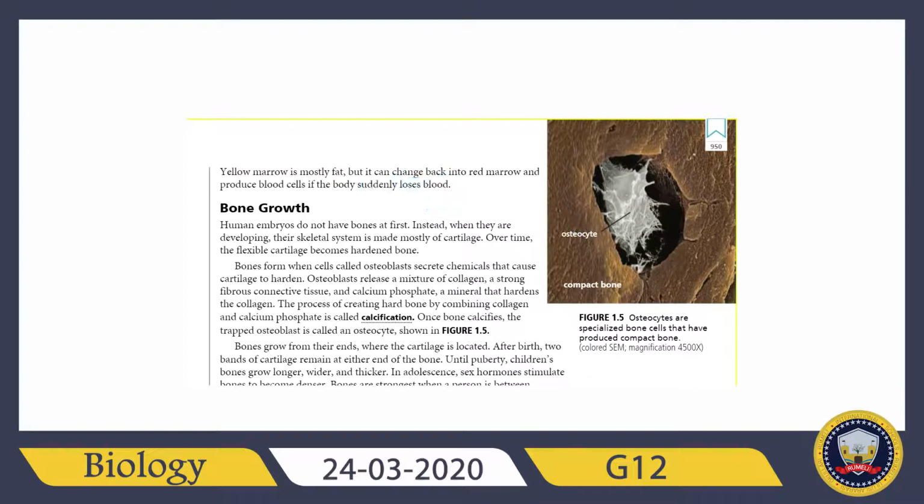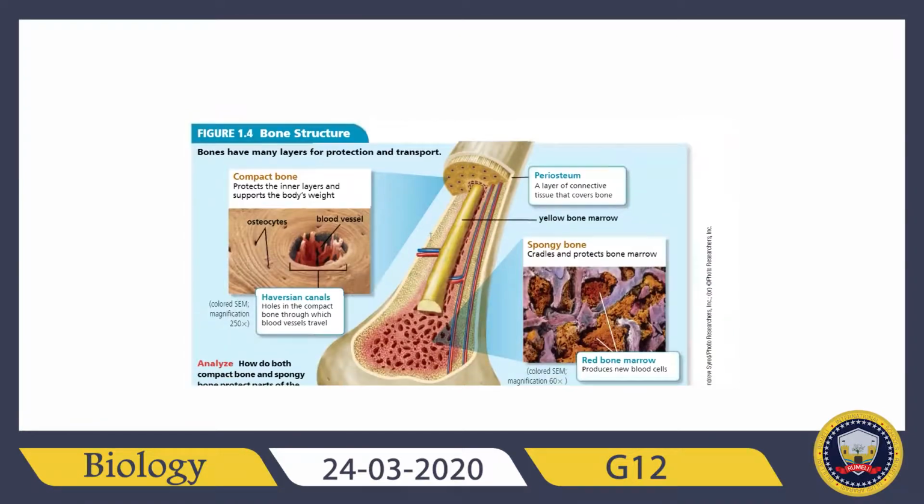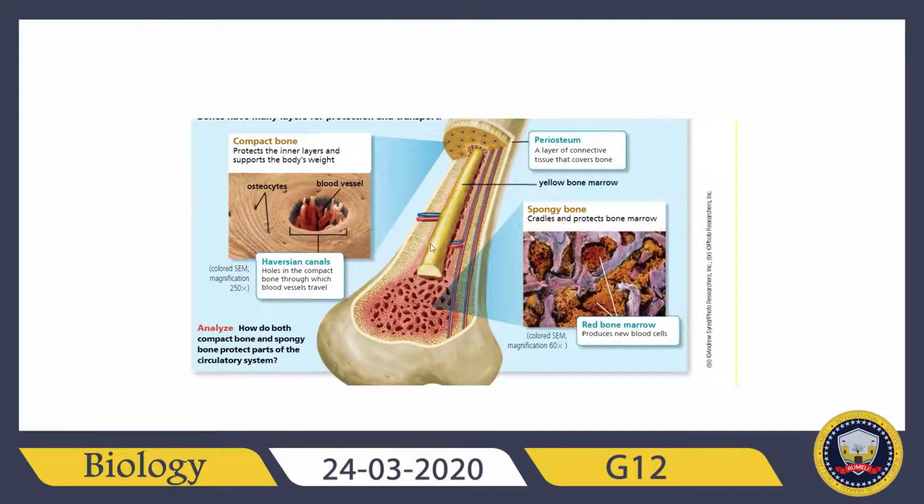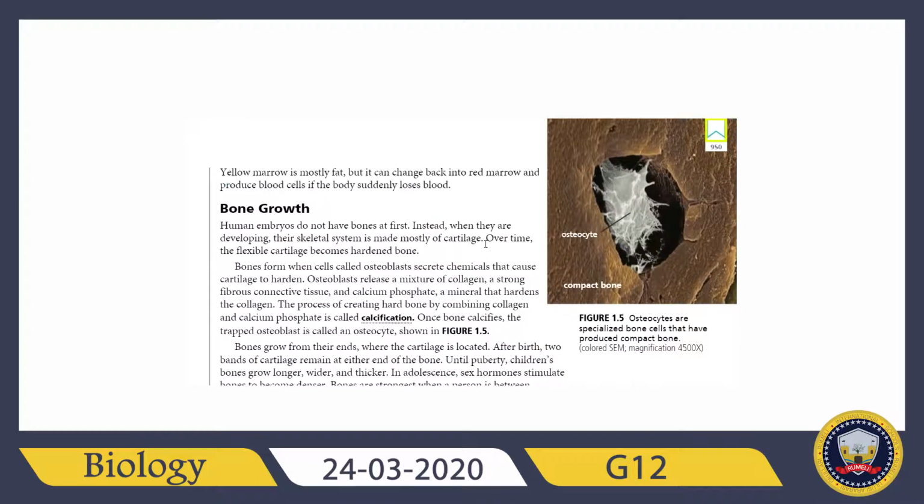So again, guys, this is the factory and these are the products. Once the red marrow needs replenishing, the yellow bone marrow cells will turn into red bone marrow. Also, it manufactures the blood cells.